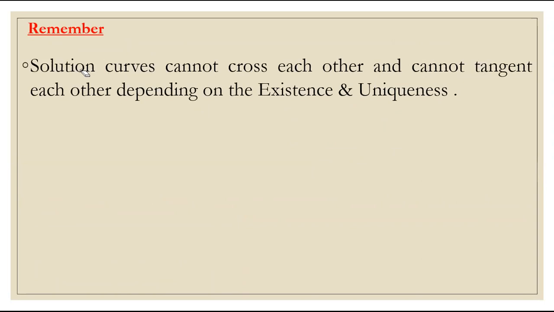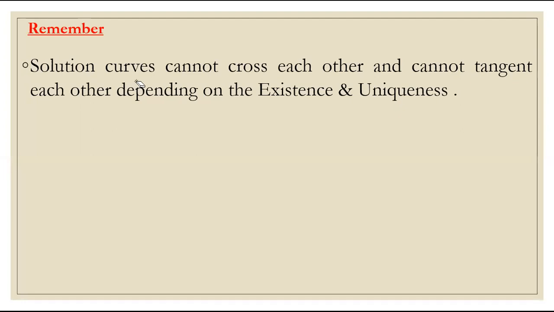Also, what I need you to remember is that the curves of two different solutions can't cross each other and can't be tangent to each other. What I mean by tangent is that they have only one common point. So if you have a differential equation and you solved it, and you try to draw your solutions depending on the constant c, so I have my c is 1 and yours is 2 and yours 3, we have more than one solution depending on the value of c.